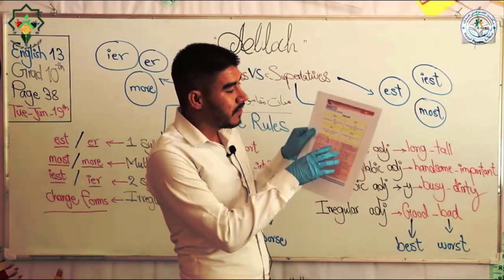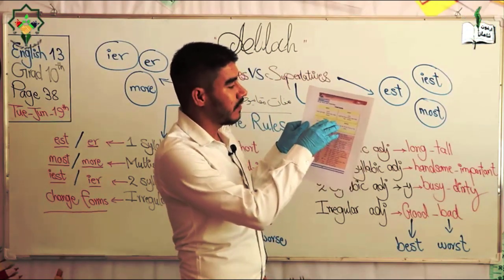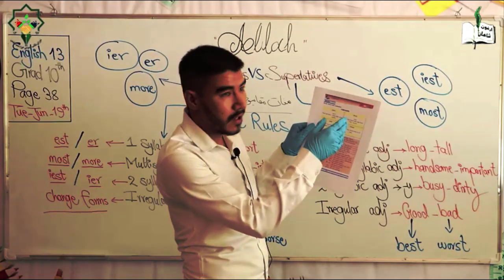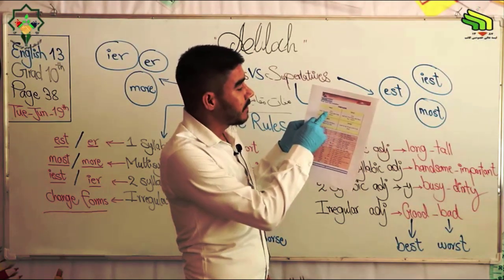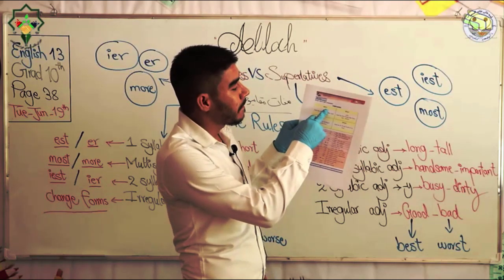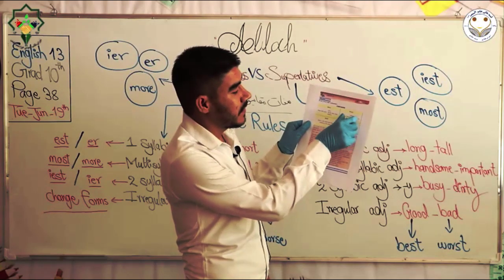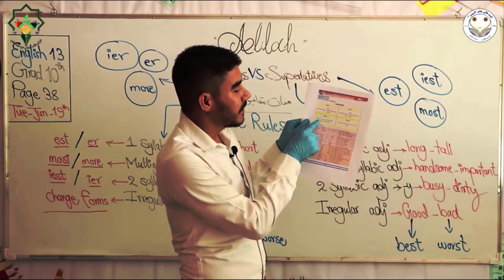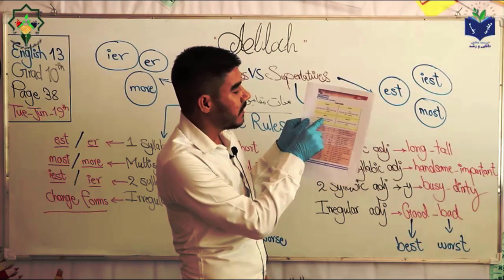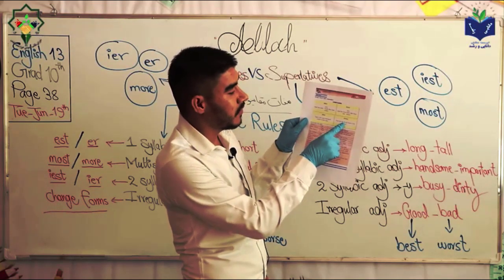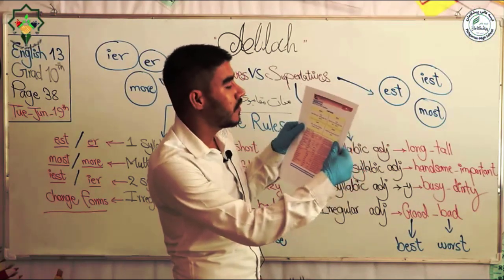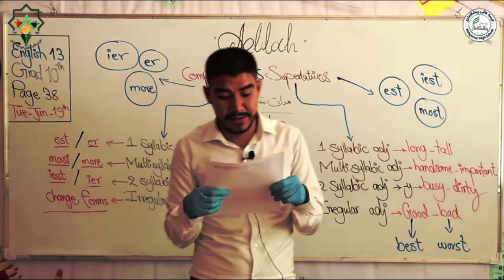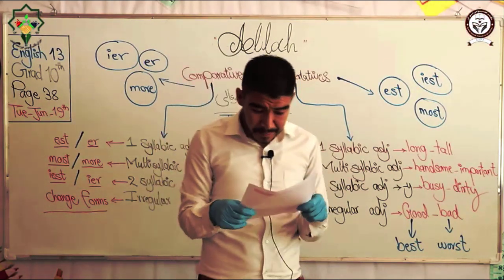Okay, in this part you see that there are 4 charts or 4 columns about this grammar. In this part there is the word more, and in this part is the example for that. In this part of your book it is written most, and in this part there is an example for that grammar point.